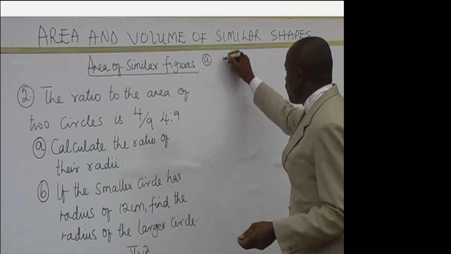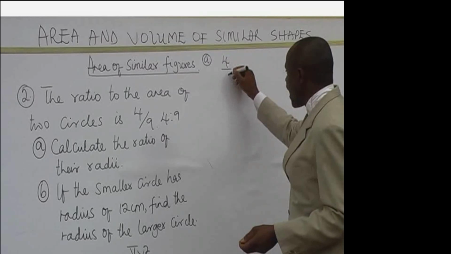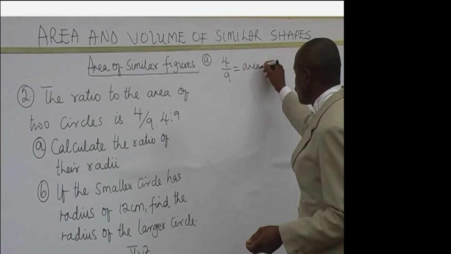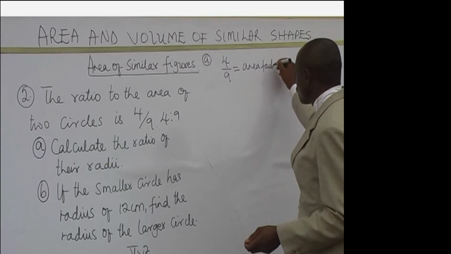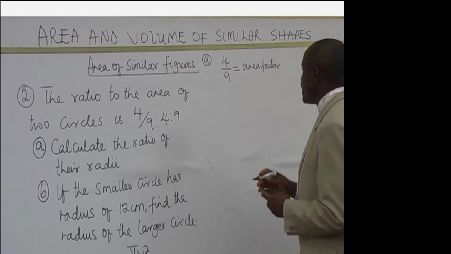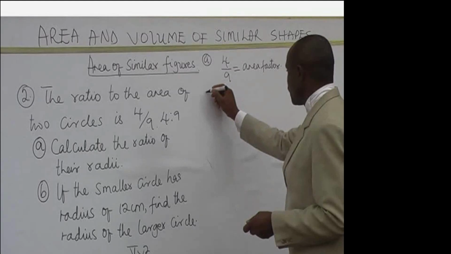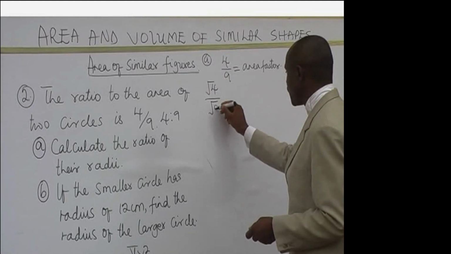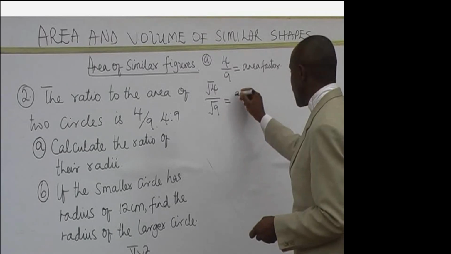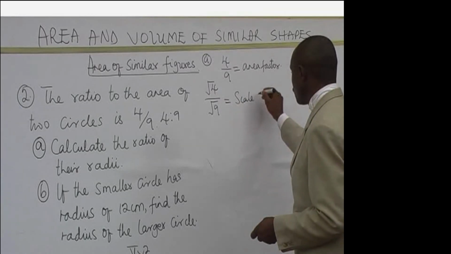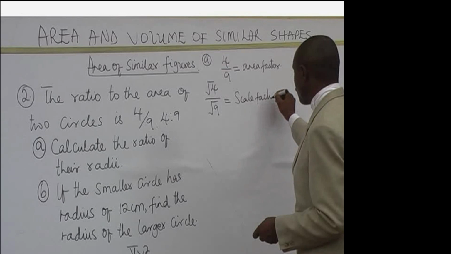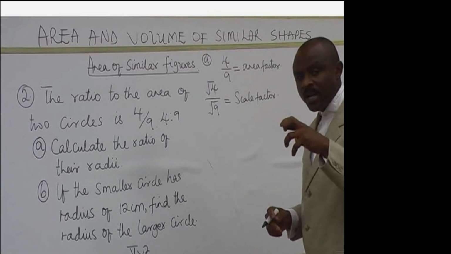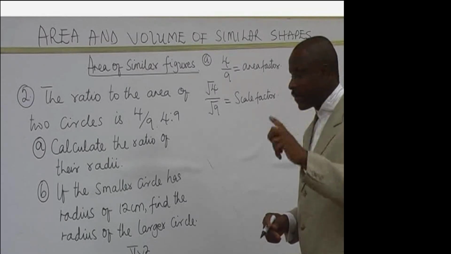If 4 all over 9 is area factor, that means the square root of 4 all over the square root of 9 is equal to scale factor, because scale factor is the square root of area factor.